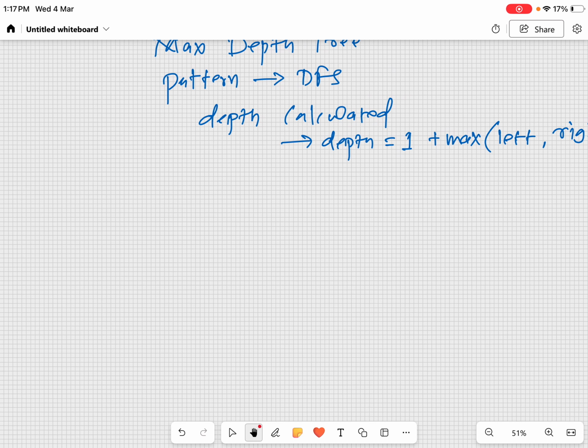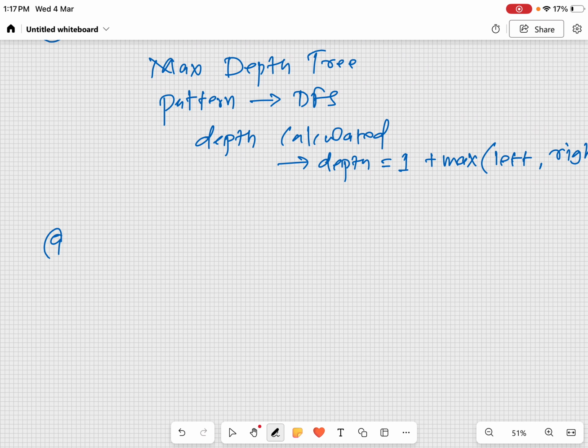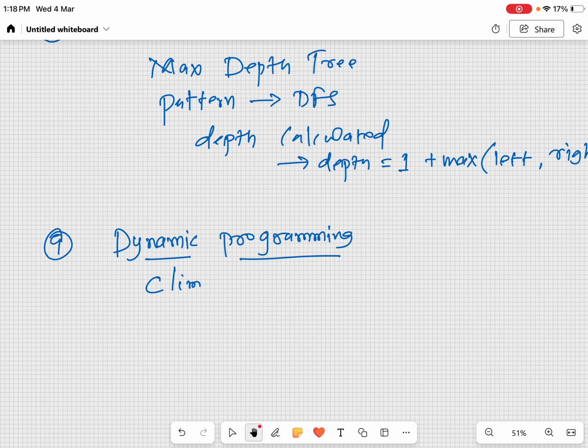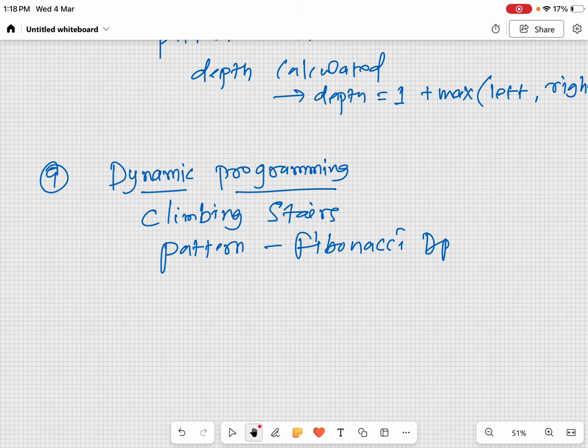So next we go through the dynamic programming, or DP, pattern. Correct. Usually we know the problem climbing stairs. So the pattern is Fibonacci dynamic programming.